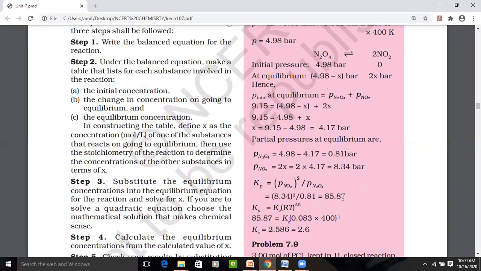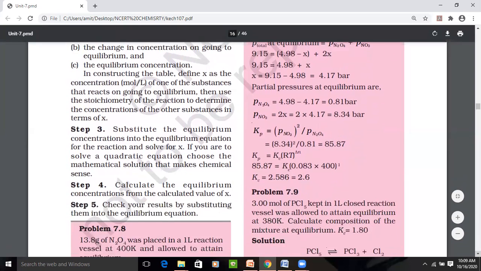Now, if we have the value of Kp, R, and T, we can calculate the Kc. By substituting the values of Kp, R and T in the formula Kp is equal to Kc (RT) to the power delta n. Kp is 85.87, Kc is what we have to calculate, R is the constant 0.083, and the temperature is 400 Kelvin. Now, delta n is the change in the number of moles.